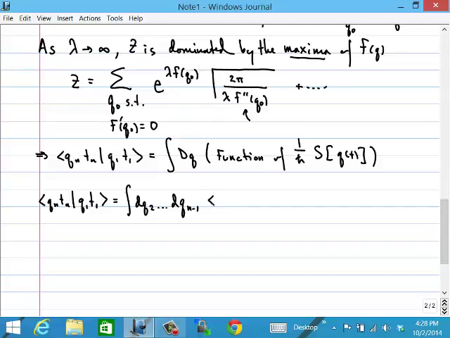And then we have this product of transition amplitudes, where you first have to calculate the amplitude for a particle to move from q1 up to q2, and then q2 up to q3, and so on and so forth.